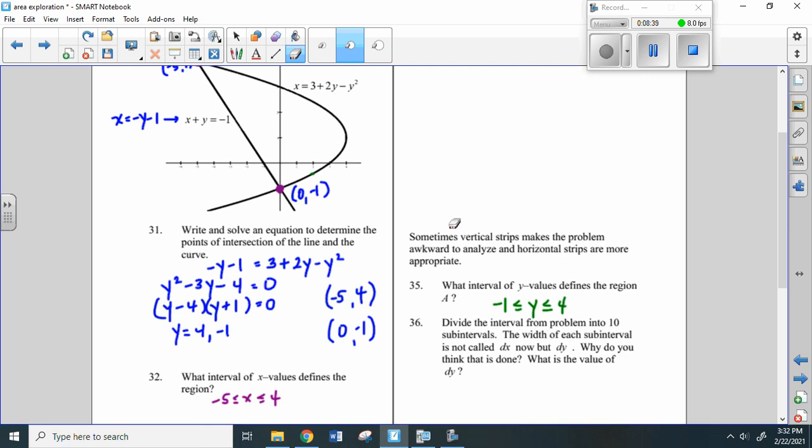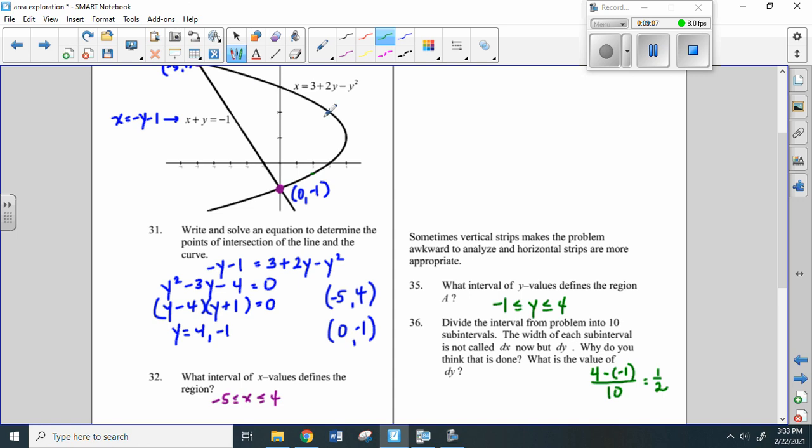And we want to divide it up into 10 subintervals, and we have to go from -1 all the way to 4. So the easiest way to do that is to take the difference in those two values to see how far apart they are, and then divide it by however many subintervals we want to create. That ends up being 5 divided by 10, which is a half.